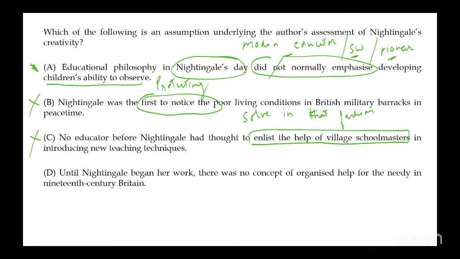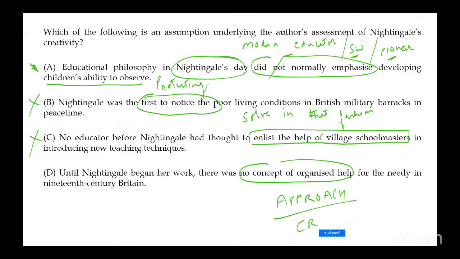D. Until Nightingale began her work, there was no concept of organized help for the needy in 19th century Britain. Again, the focus is not on whether there was organized help, whether she was first to notice the problem. The focus is on the approach she employed.